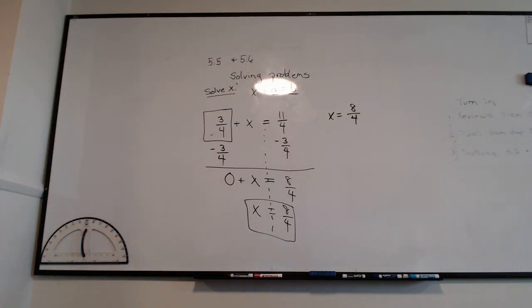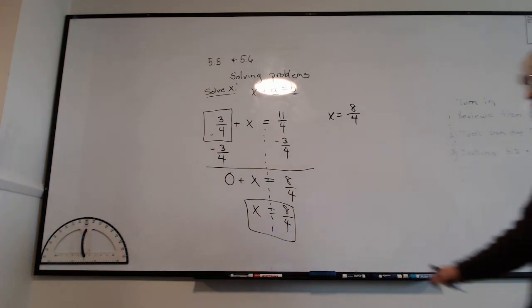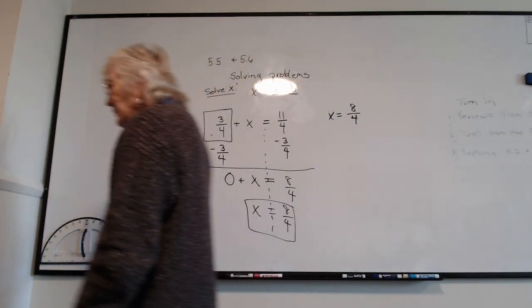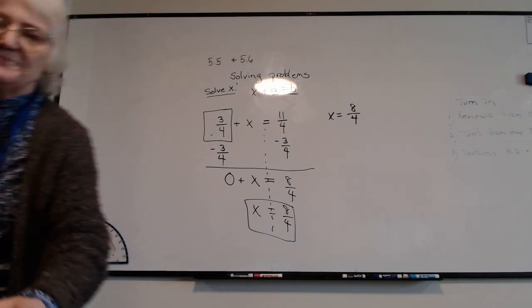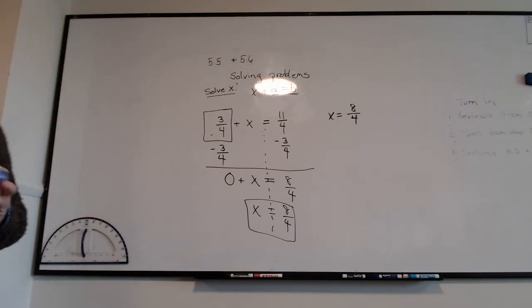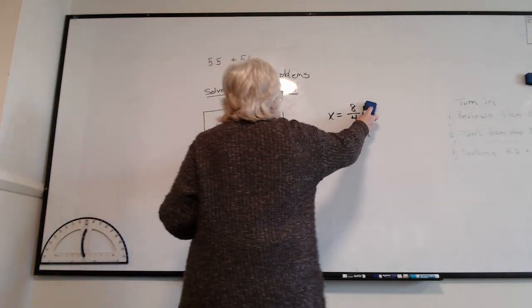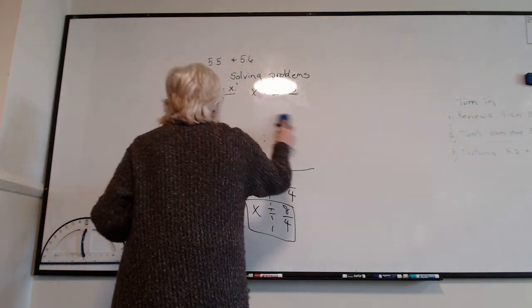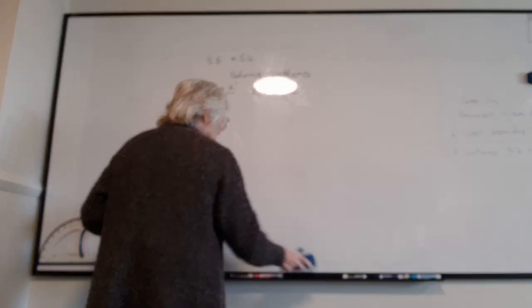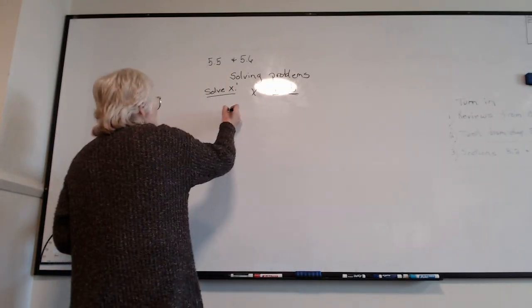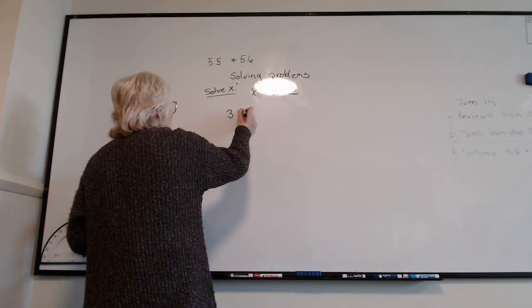Now let's say I make it a little harder. I'm going to make sure you have that all copied before I go on. I'm going to write the problem a little different this time, but it's really the same thing.